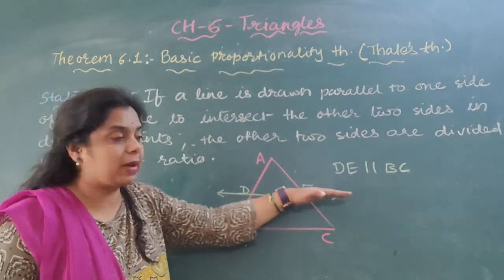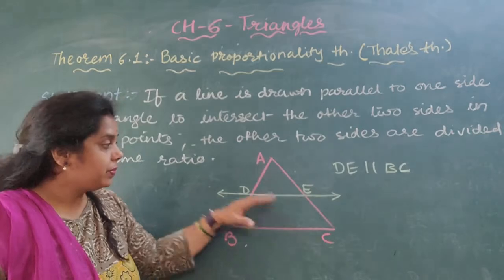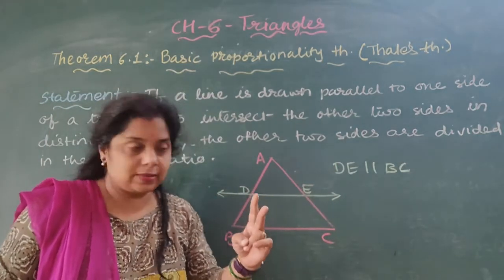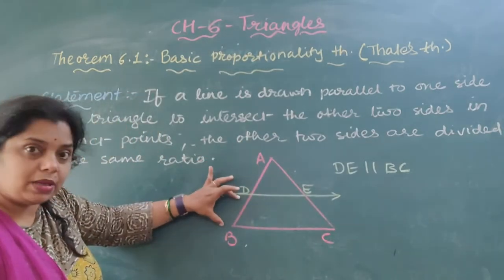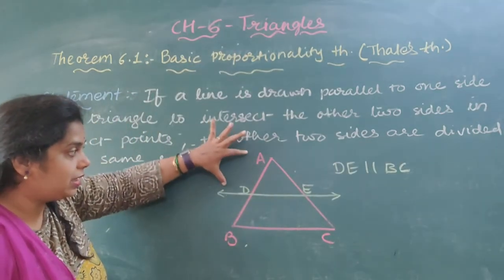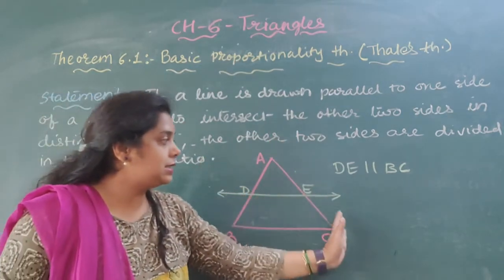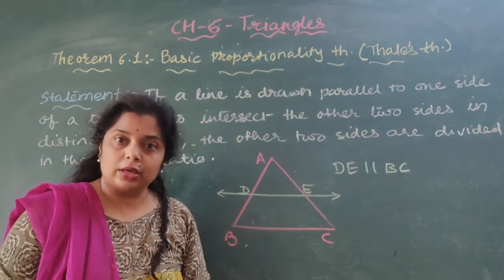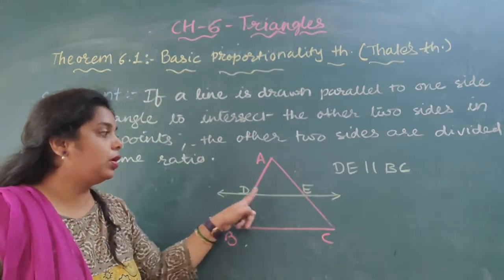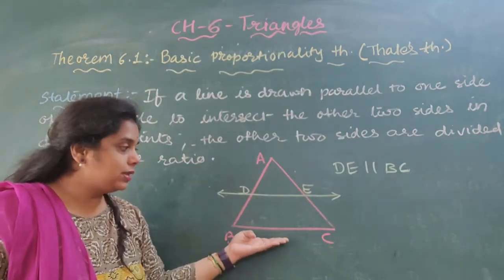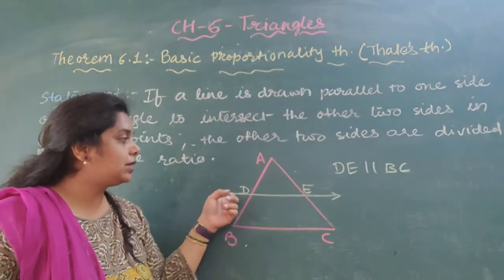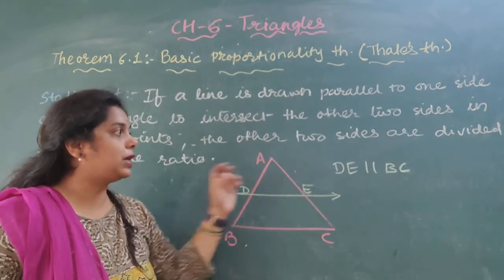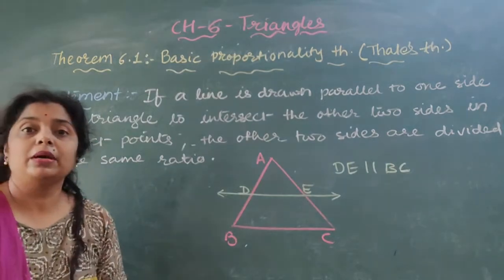Now once we draw a parallel line to BC, the line segments AB and AC are divided into two parts. As you see, AB is divided into AD and BD, and AC is divided into AE and EC. So if we draw a parallel line to one side of a triangle which intersects the other two sides in distinct points, then the other two sides are divided in the same ratio.